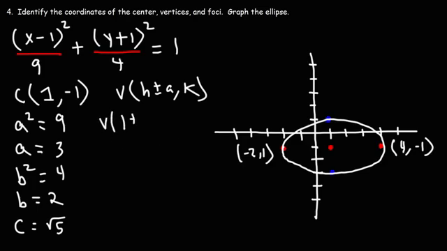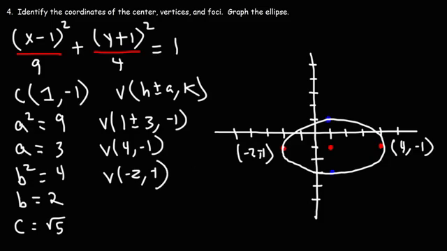H is 1, a is 3, k is negative 1. So you get 1 plus 3, which is 4, and 1 minus 3, which is negative 2. So those are the ways in which you can find the vertices of the ellipse.